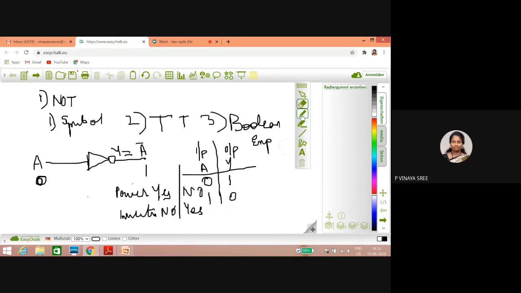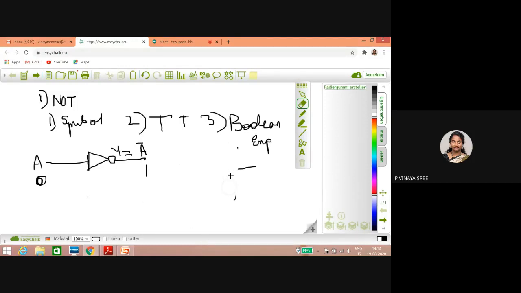Now let us consider, in this we will even use a concept called buffer. So what is this buffer? Try to concentrate, ma'am. Whenever there is a bubble here, consider that we are using a NOT gate. So it is an inverter. Whenever there is a bubble, that is an inverter.